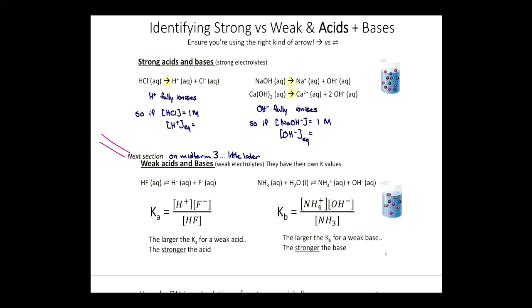And so the big idea for calculating the pH of a strong acid or strong base is that these substances are strong electrolytes, meaning they fully ionize when you dissolve them in solution. So remember, it's the H plus that gives us our pH value, or it's the hydroxide that gives us our pOH value. So if you drop HCl into water, this is a strong acid, so it doesn't exist as HCl in solution.